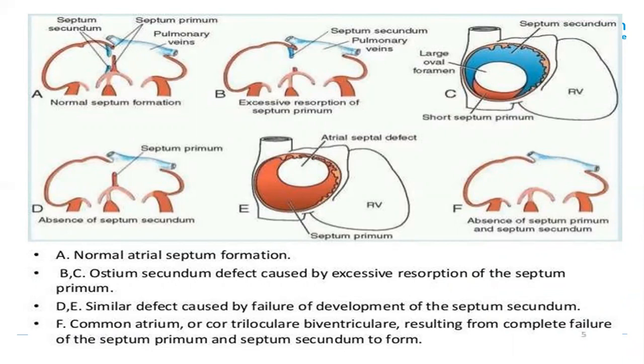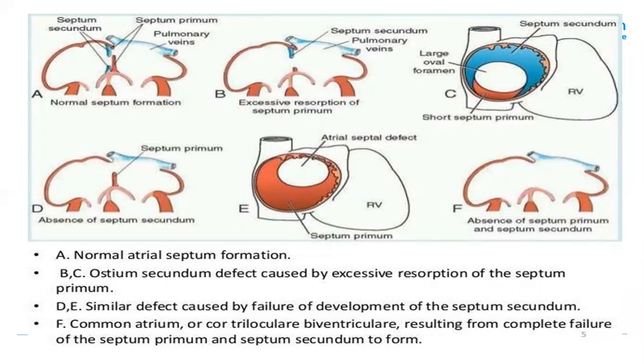These diagrams tell you how the different developmental structures might develop and form ASD. The first diagram, A, shows normal development where both septum primum and septum secundum grow and eventually close.